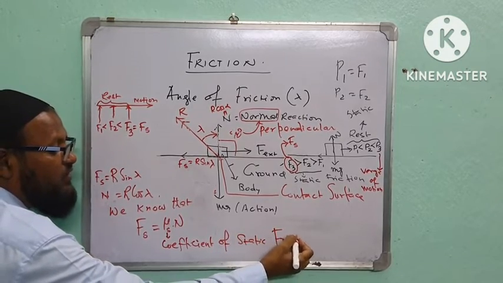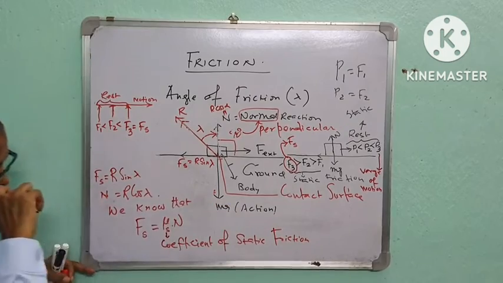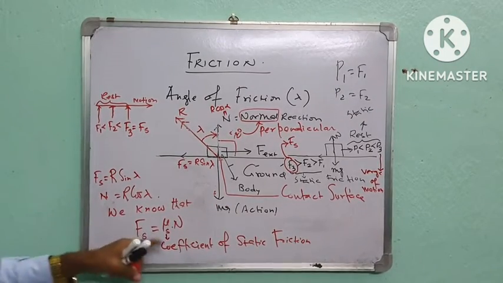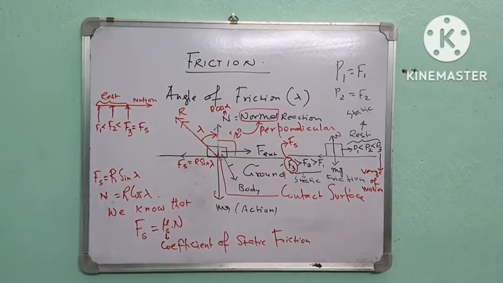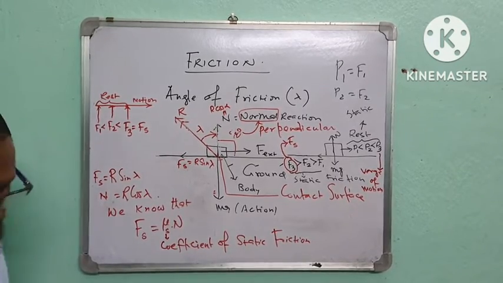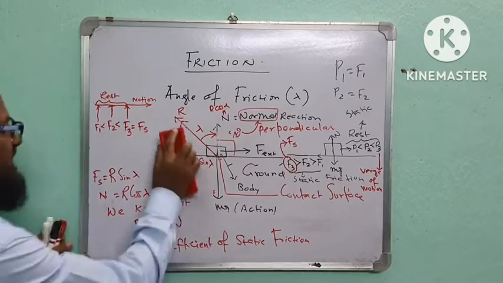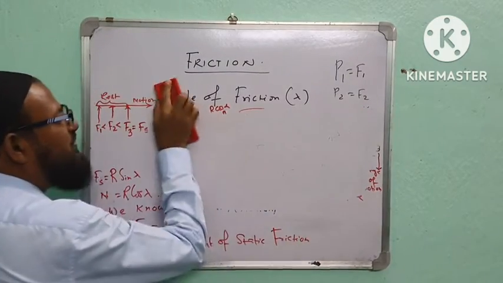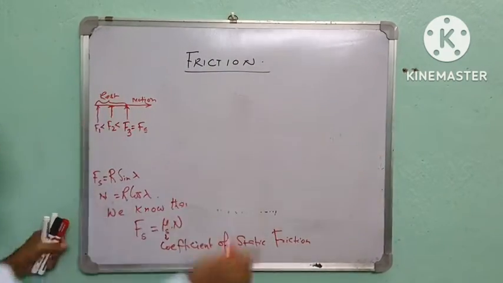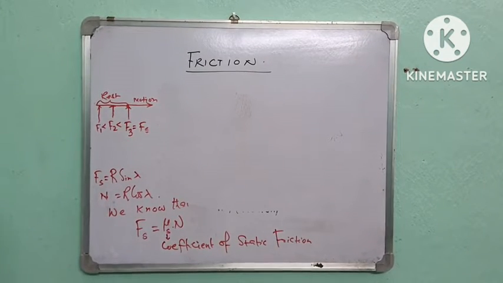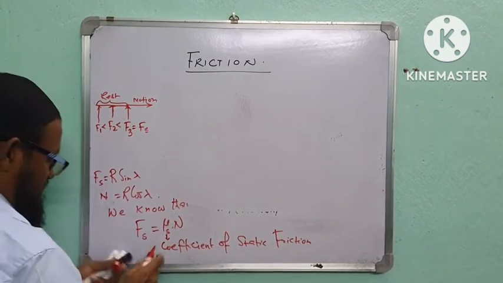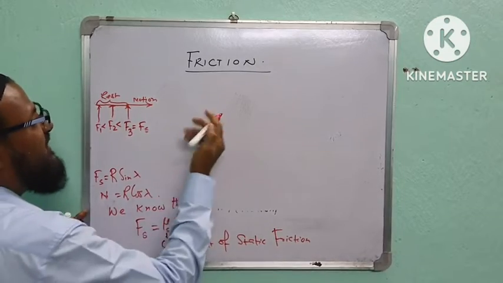Coefficient of static friction. Here Fs equals mu s N. I am deleting this part. Please be very careful. Fs equals mu s N.